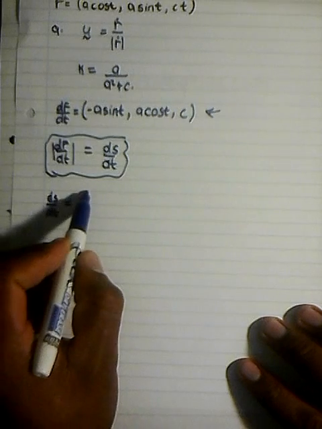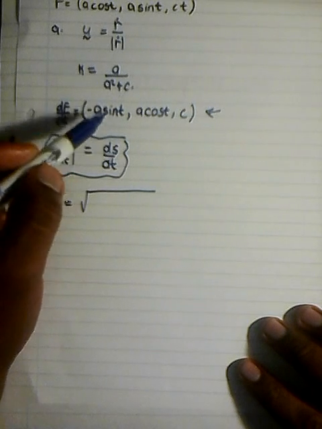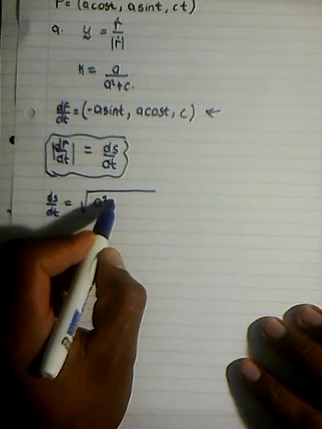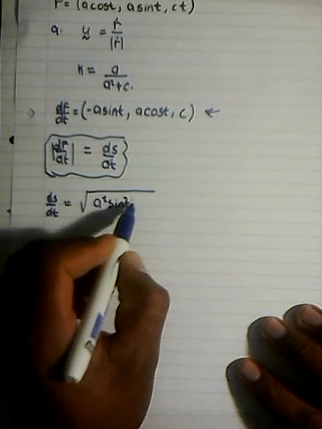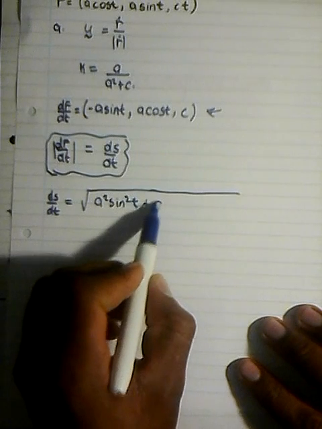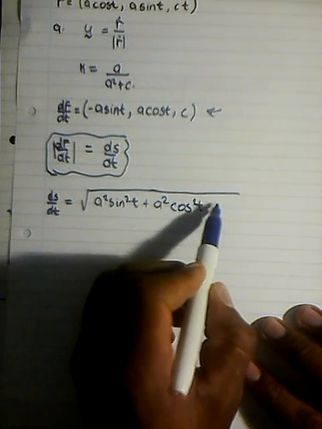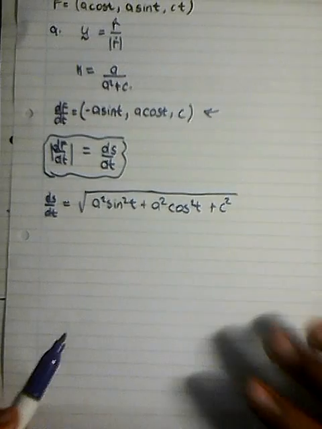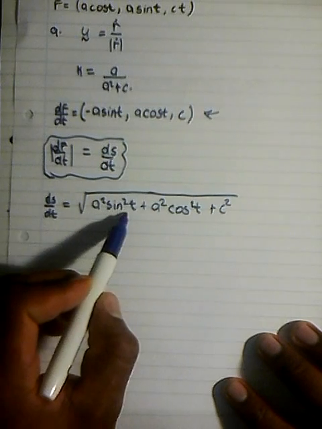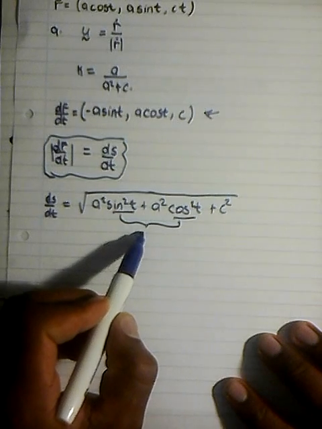So that means this is equal to the square root of minus a sine t squared, which gives a squared sine squared t, plus a squared cos squared t, plus c squared. Note that if we factor out a squared here, we have sine squared plus cos squared, which we know is equal to 1.